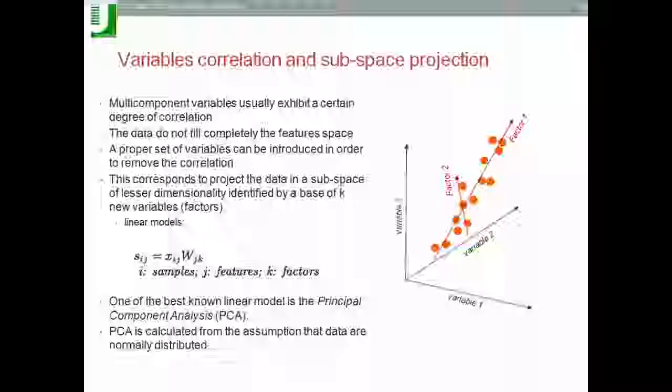So we have a number of variables in our multivariate data. These variables have a certain degree of correlation with each other, and due to this correlation, the data points tend to occupy a space of reduced dimensionality. So in the visualization, we can actually exploit this property for the reduction of dimensionality.